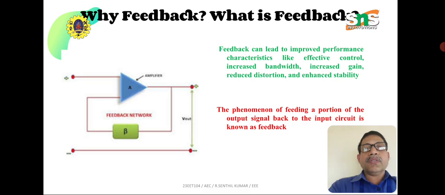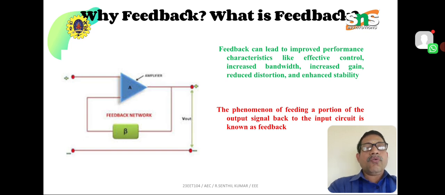One input is given to the amplifier and the output is taken, whereas at the output a junction is created, and the output value is measured and given to the feedback element such that it forms a closed loop system.